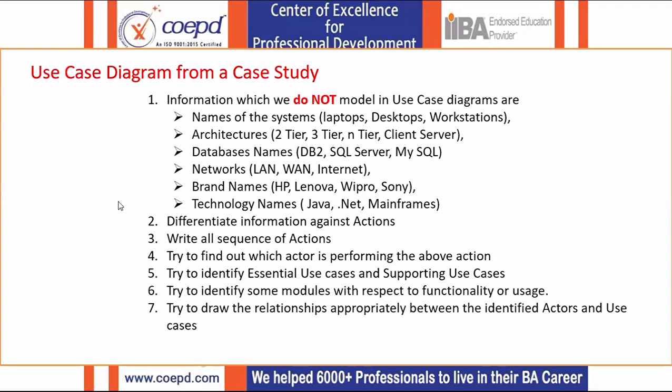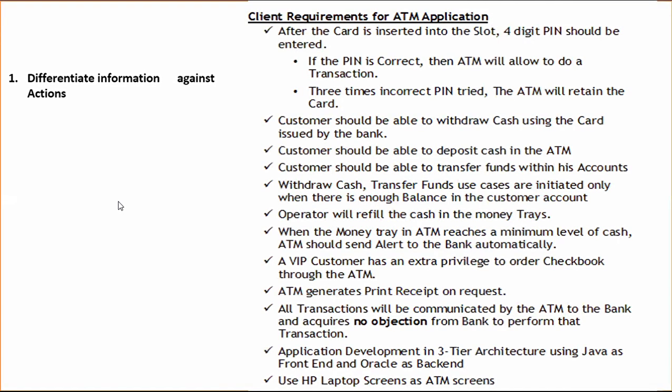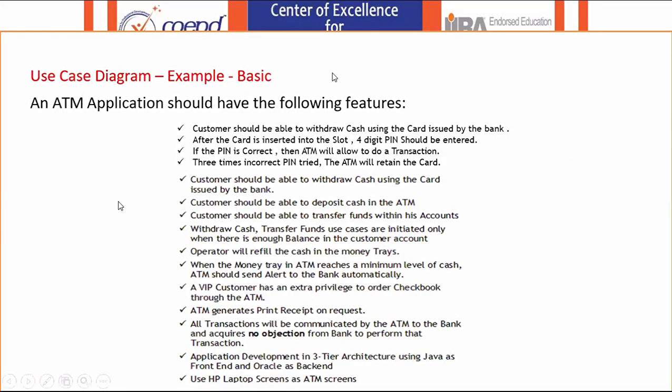Okay. Now let us take these inputs. These are the inputs. What is the first step? Differentiate information. Now in this particular part, customer should be able to withdraw cash using a card with the bank, is one point. After the card is inserted into the slot, a 4-digit pin should be entered. If the pin is correct, then you will allow the transaction. If 3 times you enter the pin wrong, the card is blocked.